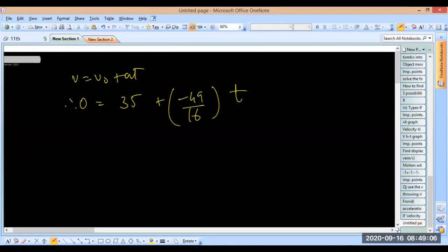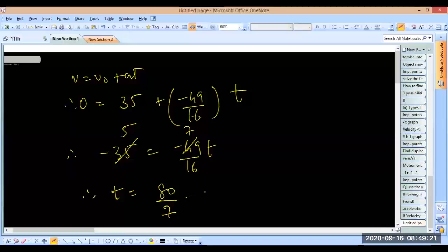Therefore, minus 35 equals minus 49 by 16 t. Minus minus cancelled. This cancels with 7. So t is equal to 80 by 7, which is nearly 11.4 seconds.